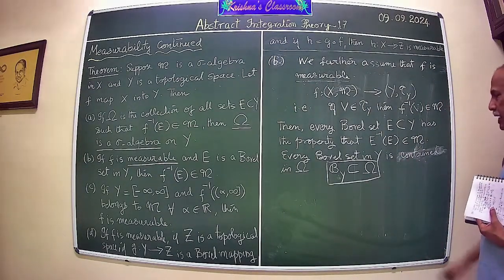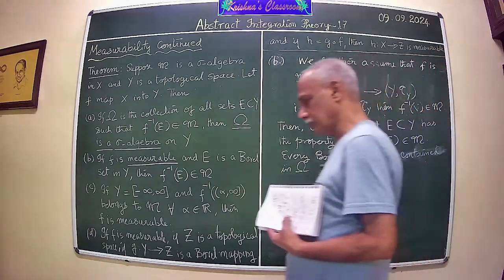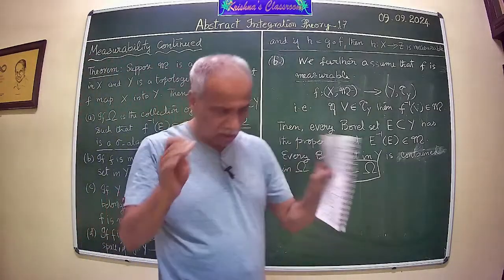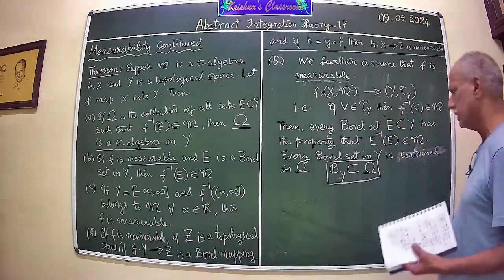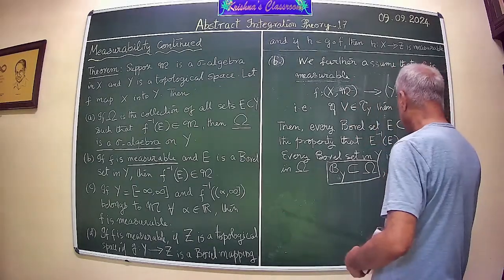Okay, and this is contained in omega, or in other words, you take all the open sets, choose the smallest sigma algebra that contains them. So this is what you call the Borel sets, B of Y.